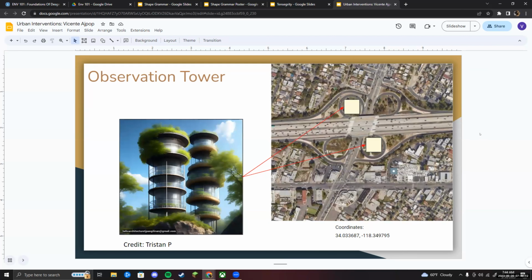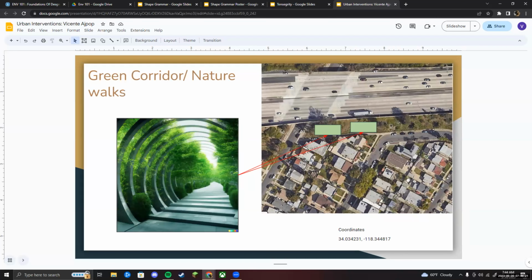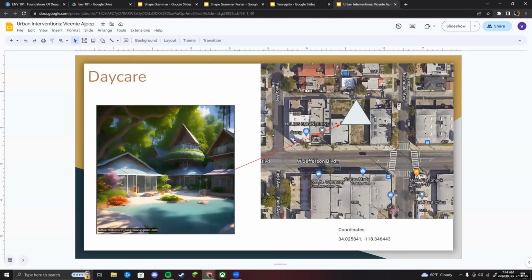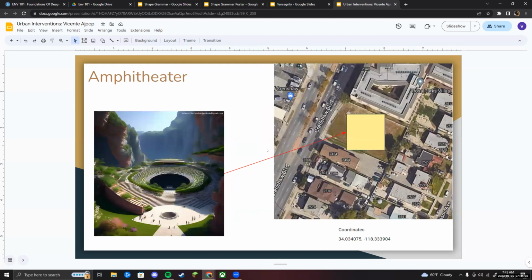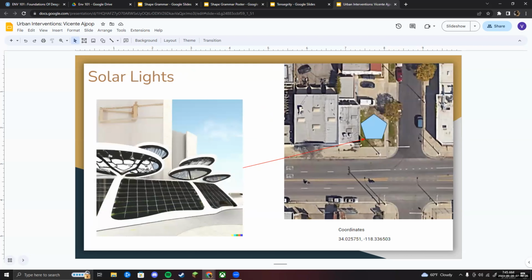One of the first ones I found was for observation towers, next to freeway exits. We could also implement green corridors through this little corridor that passes next to the freeway and some houses, some daycares, amphitheaters, some solar lights. This little area I found right here is pretty empty. There's no lighting.